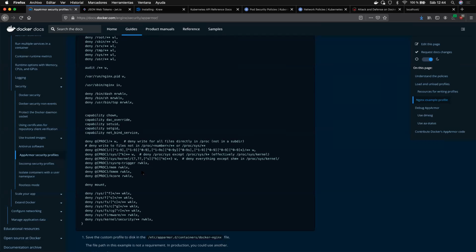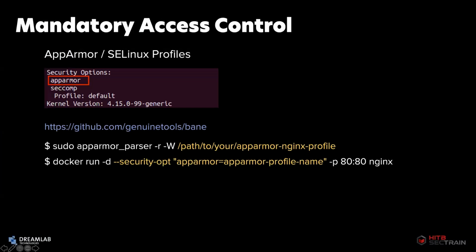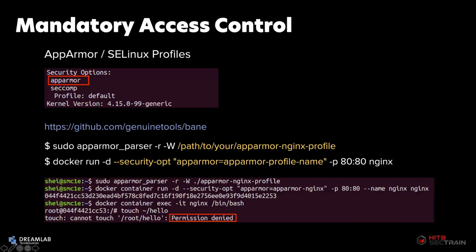But if you are on Linux and you want to try this feature, it's actually very easy. You can save the profile that is published in the Docker documentation, which I should share in the chat, as a file.